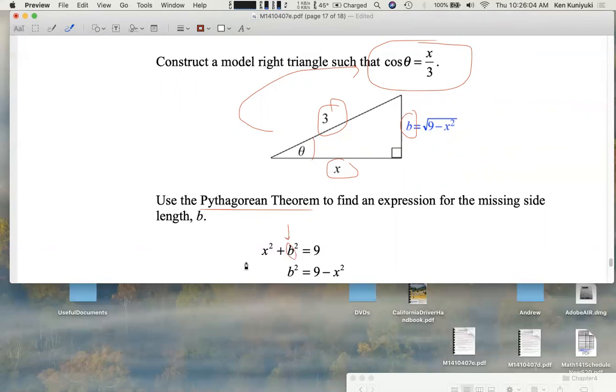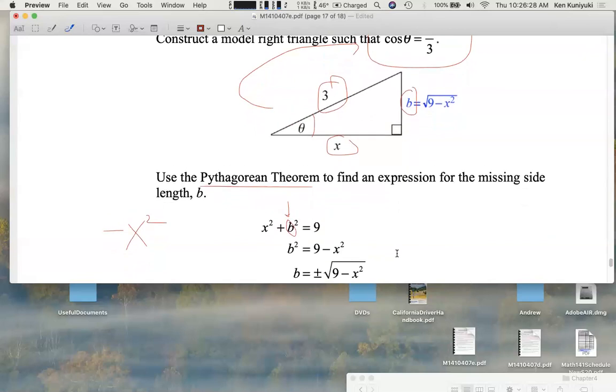We accomplish that by subtracting x squared from both sides. On the left side, when you subtract x squared, you're left with b squared. On the right side, 9 minus x squared results. Now from the square root method, b can be plus or minus the square root of 9 minus x squared.